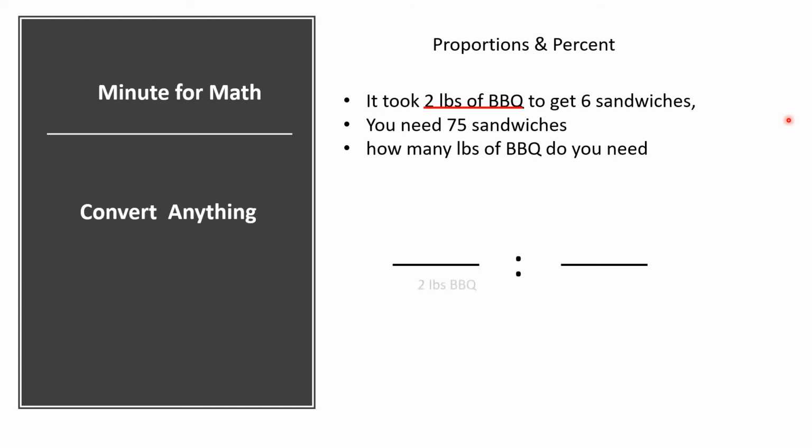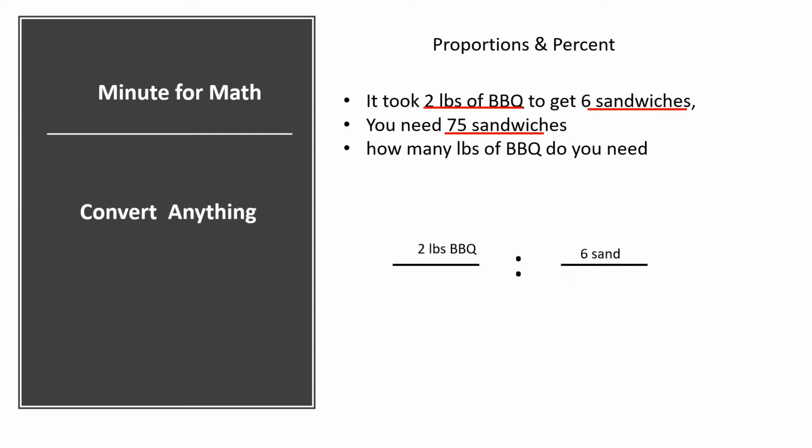2 pounds of barbecue. Let's plug it in. All right, what else we got? 6 sandwiches. We'll put that over here. So now we got pounds of barbecue. We got sandwiches. What's the other information? All right, we need 75 sandwiches. So where's that going to go?